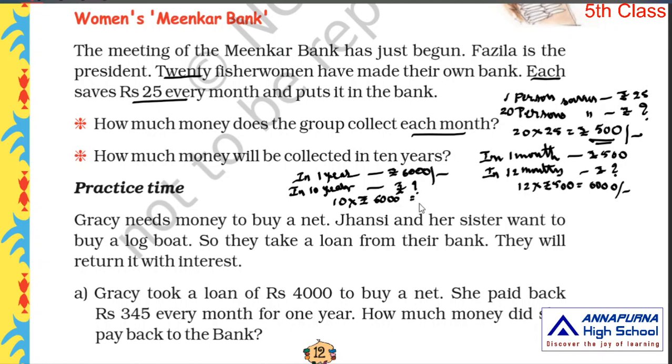If you multiply any number by 10, 100, 1000, and so on, you put as many zeros as it has. Here how many zeros are there? 1. So you put 1 zero here. This is the easy method of calculation. 6,000 into 10 is equal to 60,000. This is the amount collected in 10 years, and this is the answer for this one.